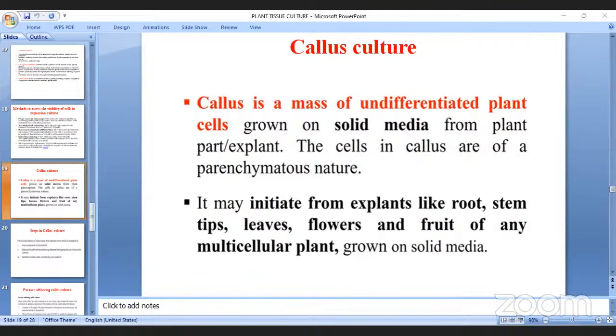In chemical fusion, employing polyethylene glycol, PEG, which was first developed by Kao and Michayluk.